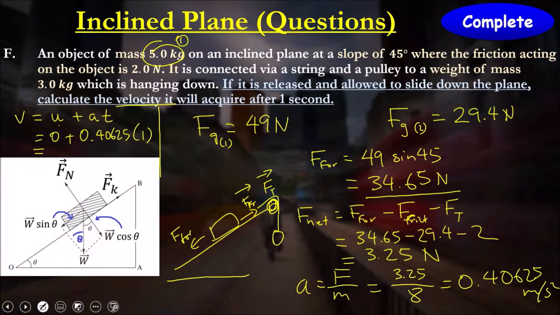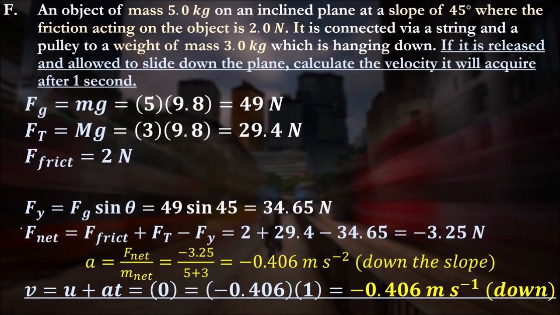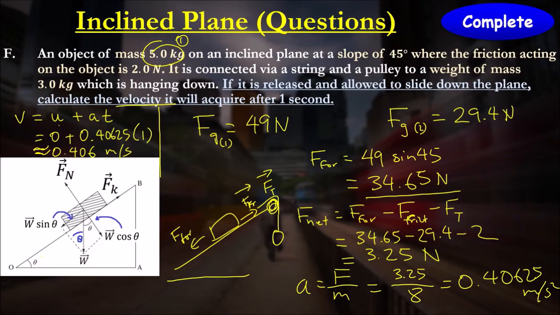So the final velocity after 1 second has passed is roughly 0.406 meters per second. And that's how you do all those questions there. And also, not to forget, it's gone down the slope. So I'll just write down for that case there.